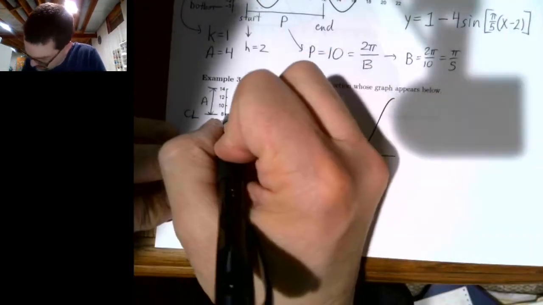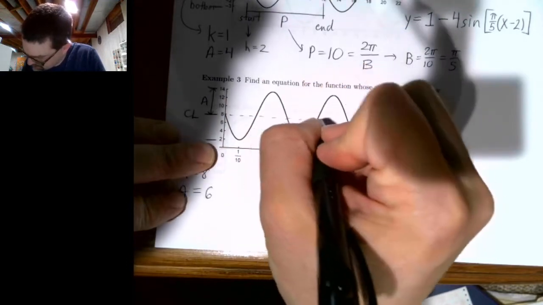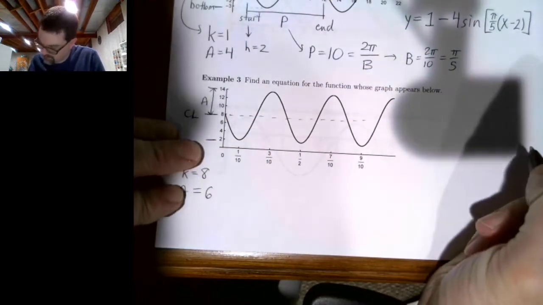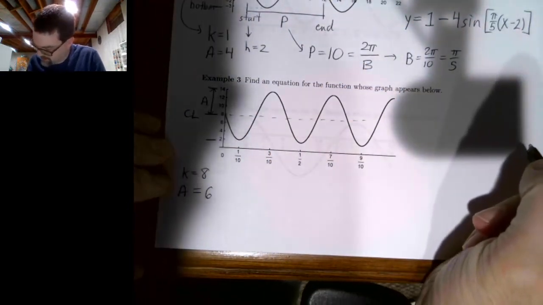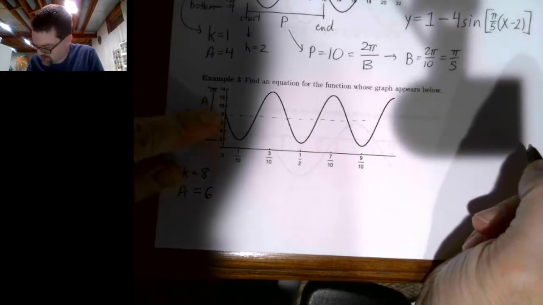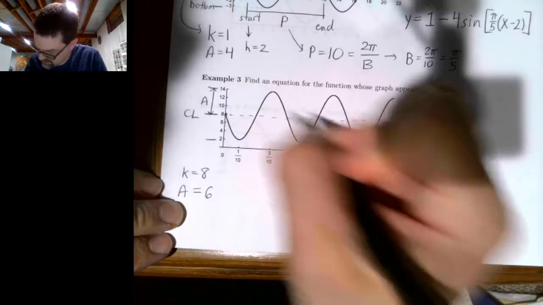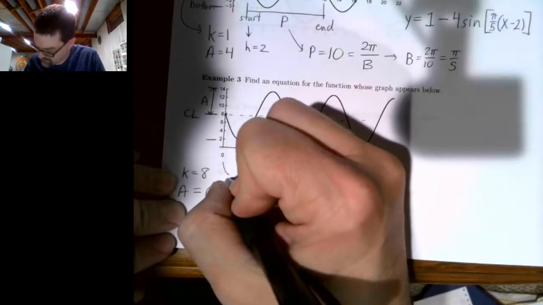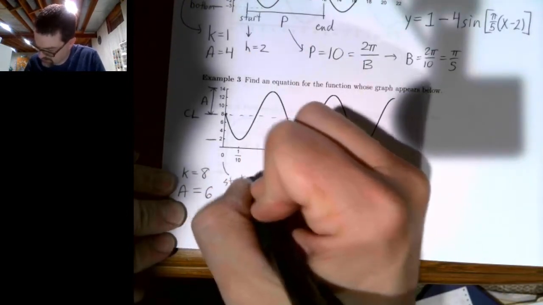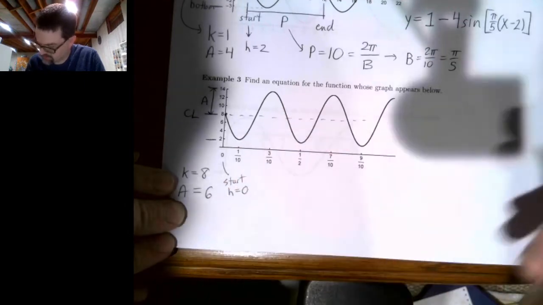So our center line, here it comes. It pretty much looks like we're starting right here at 8, so we can take that to be our starting point. Start at 0, and that would be h equals 0 then.